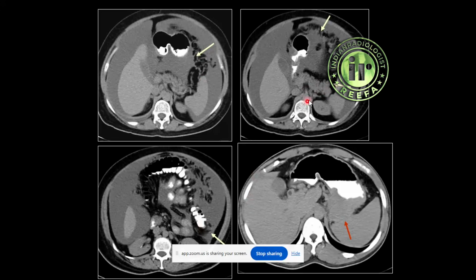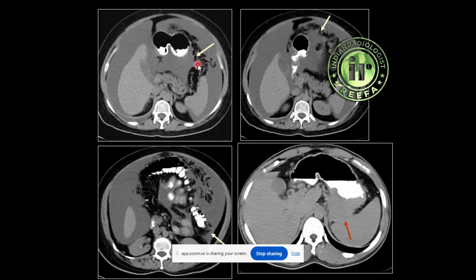And as you go downward from there, you see this little fat density outpouching, and that is the phrenicocolic ligament, and that is continuous with the transverse mesocolon there. And this is just an example of a pancreatic mass lesion that across the splenorenal ligament is affecting the spleen.